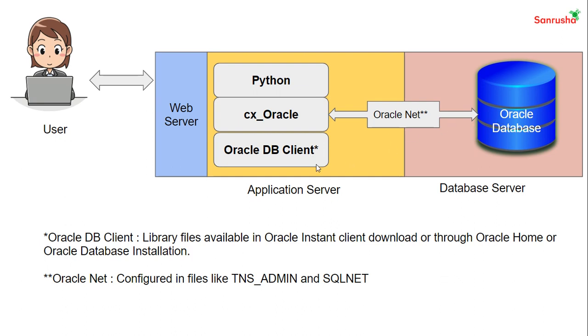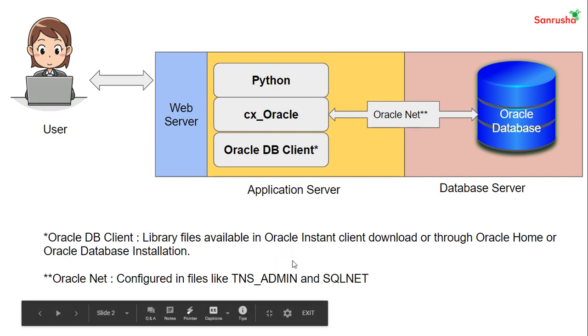And based on what kind of platform you are using, what kind of application you have, there are different Oracle Net configurations, the TNS admin it is called, or there are different configurations possible in TNS admin, and there are also direct connections possible. But let's understand, Oracle Net is TNS admin.